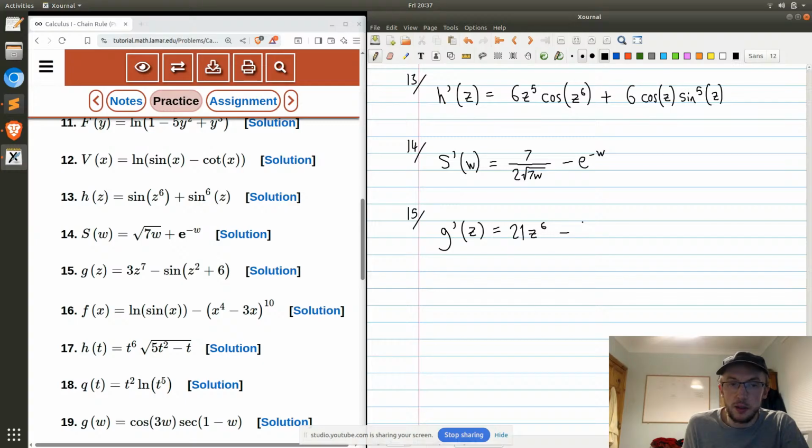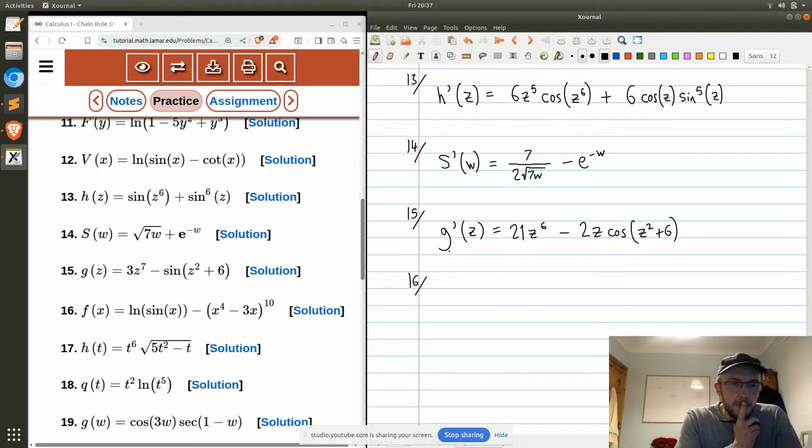I guess that would be 2z in brackets. Although the brackets actually aren't necessary if you think about it. Like that. And, oh, we have to do one more.